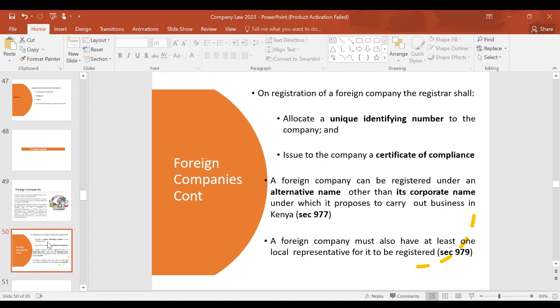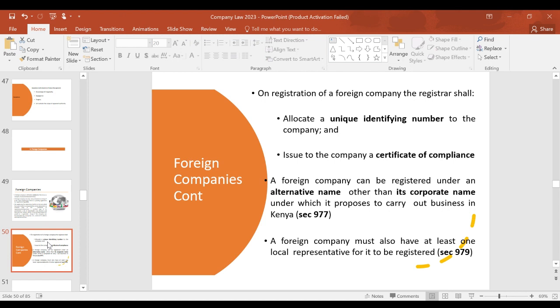There is also another requirement under Section 974 that a company which can be deemed a foreign company, for it to be registered in Kenya, must have at least one natural person.